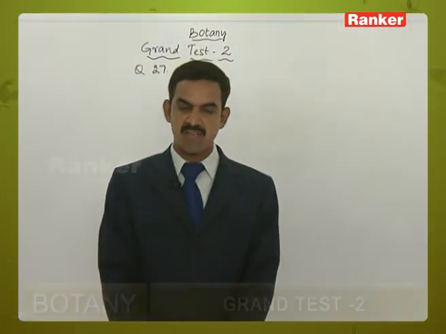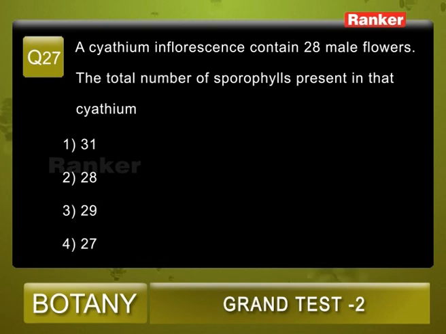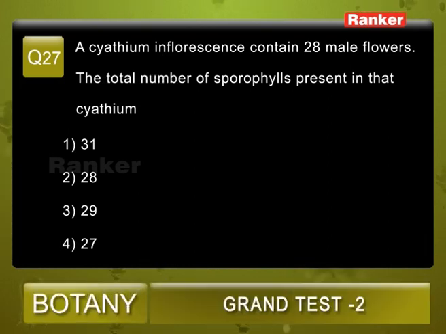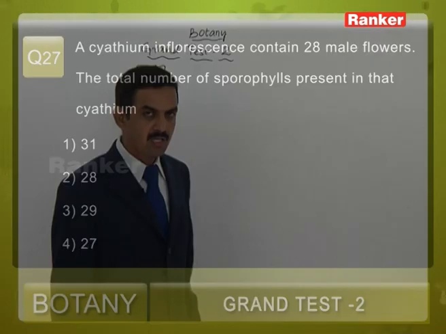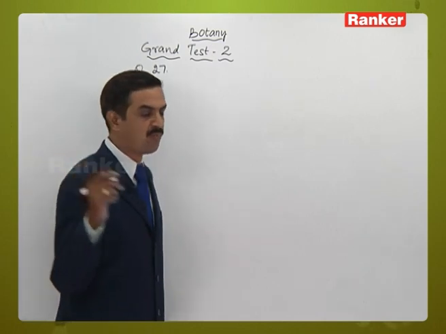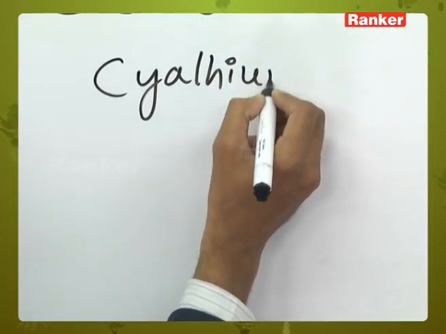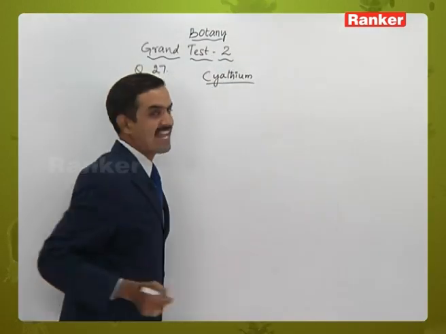Question number 27. A cyathium inflorescence contains 28 male flowers. The total number of sporophylls present in that cyathium: options 1, 31; 2, 28; 3, 29; 4, 27. This is a question related to inflorescence. A special type of inflorescence we are talking about here is called cyathium.